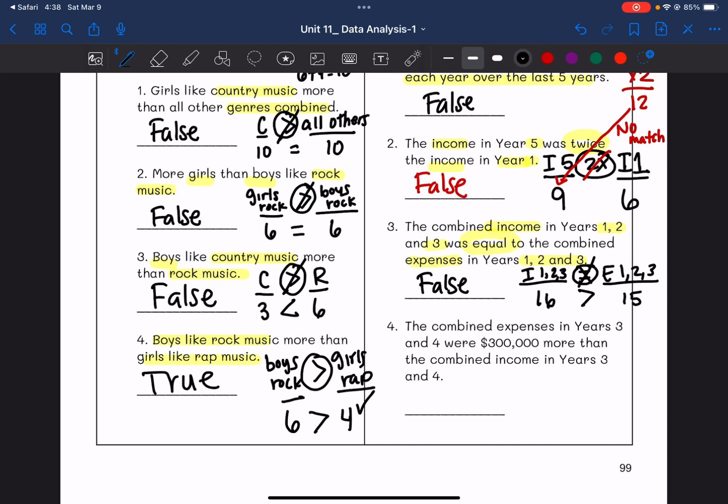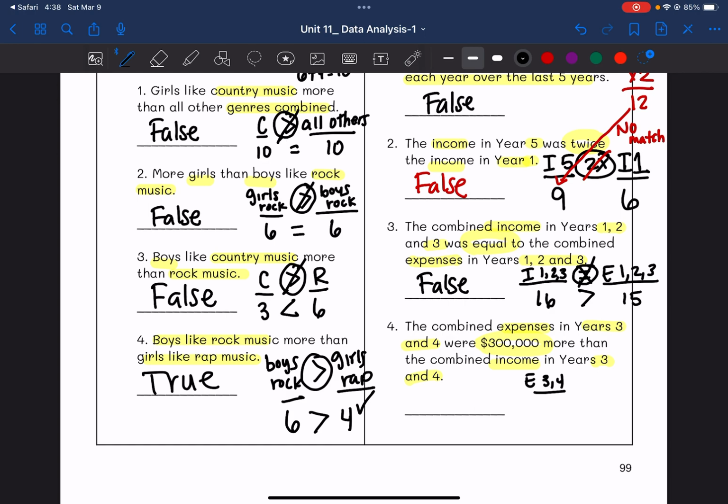So number 4 says the combined expenses in years 3 and 4 were 300,000 more than the combined income of years 3 and 4. So we are looking at expenses of 3 and 4, which is going to be 300,000 more.